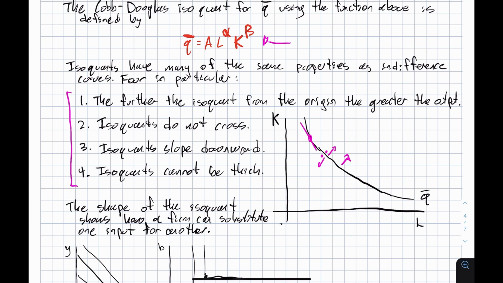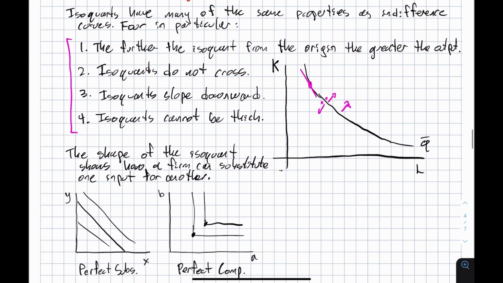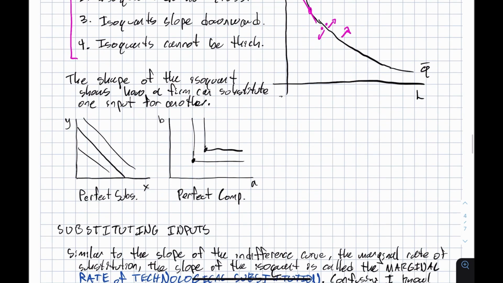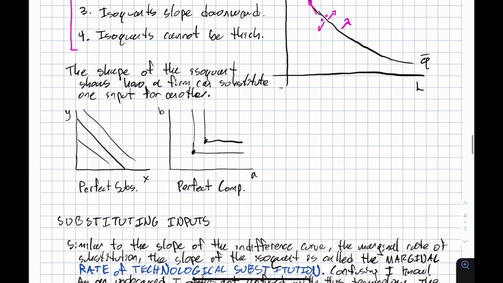So this looks identical even to some of the indifference curves we've already worked with in this class. And just like with utility curves and indifference curves, the shape captures something about the substitution between inputs.